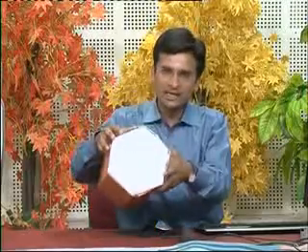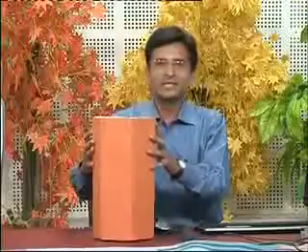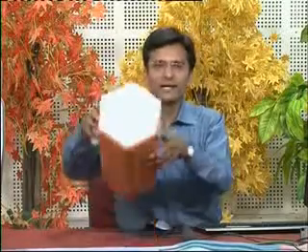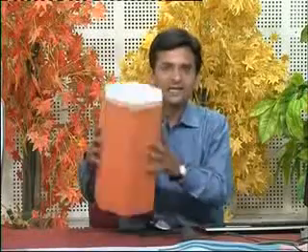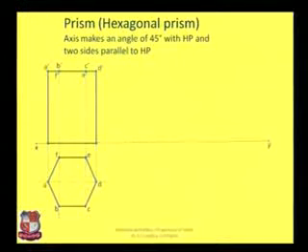If this is a cylinder, in that case the top view will appear as a circle, and the front view will be a rectangle. So we can say a cylinder is a prism having an infinite number of sides. Now to draw the projection of this hexagonal prism, first we draw its top view as shown over here.